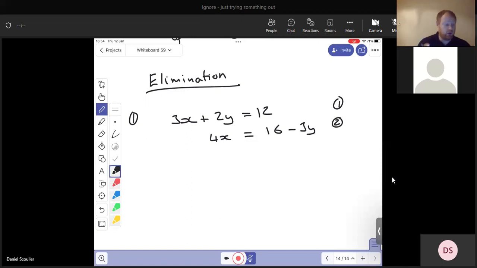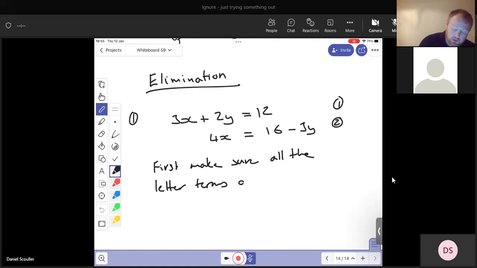So you'll get given two equations. You want to first make sure all the letter terms are on the one side, all the unknowns are on the one side, preferably in alphabetical order.